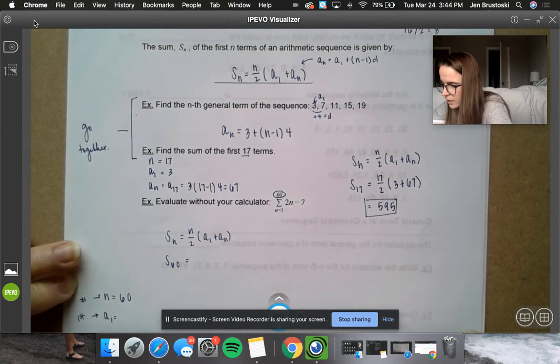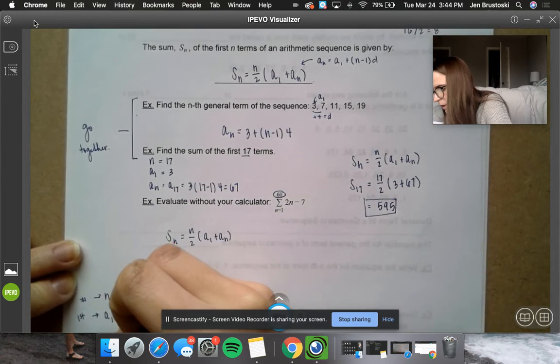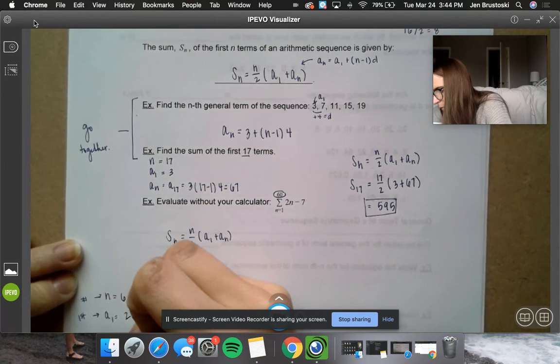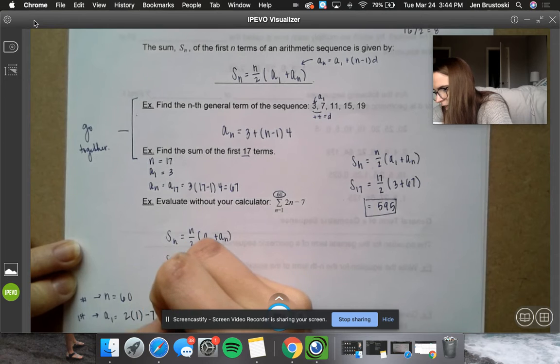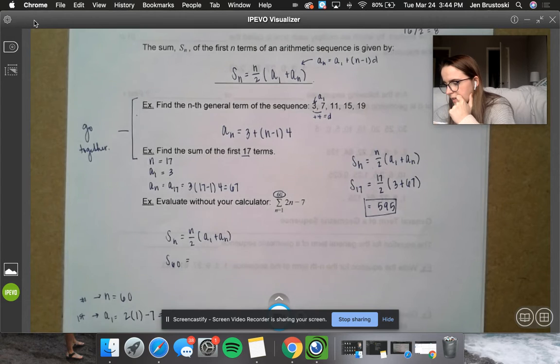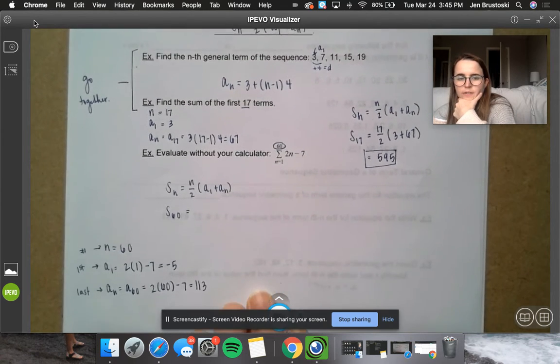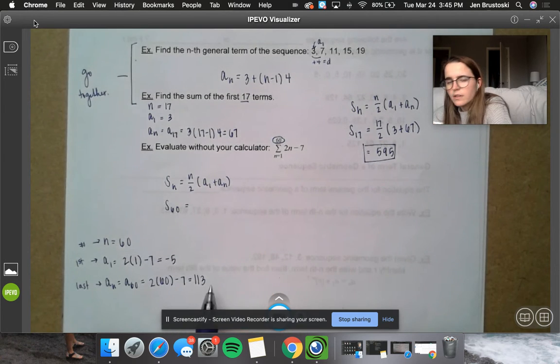Our first term, we're going to find by plugging it into 2n minus 7. So we have 2 times 1 minus 7, negative 5. Then we need to find a sub n, which is the same thing as a sub 60. So we have 2 times 60 minus 7 is 113. We'll plug all that stuff into our equation.